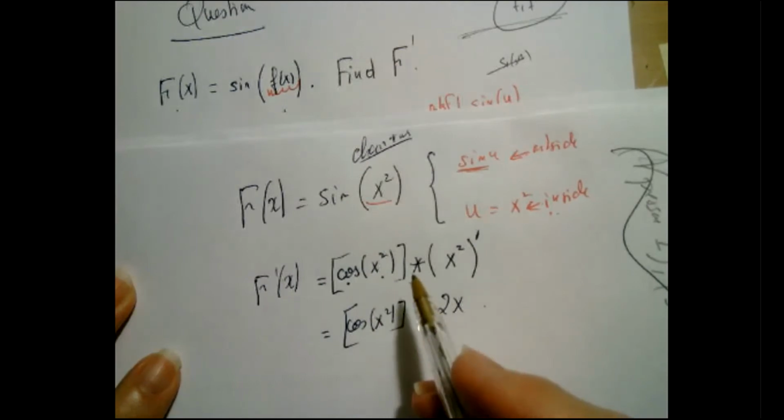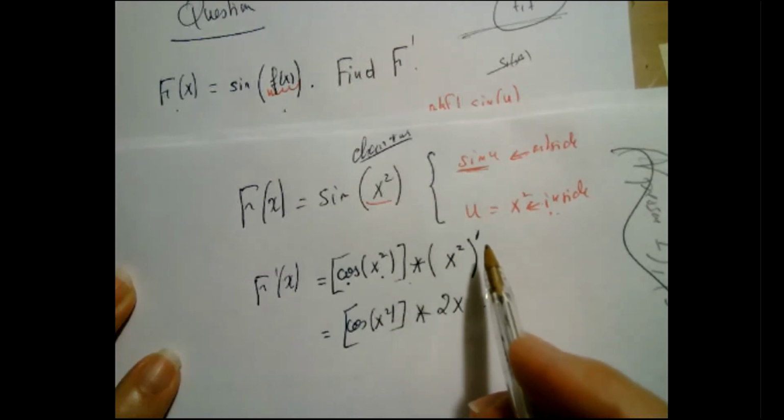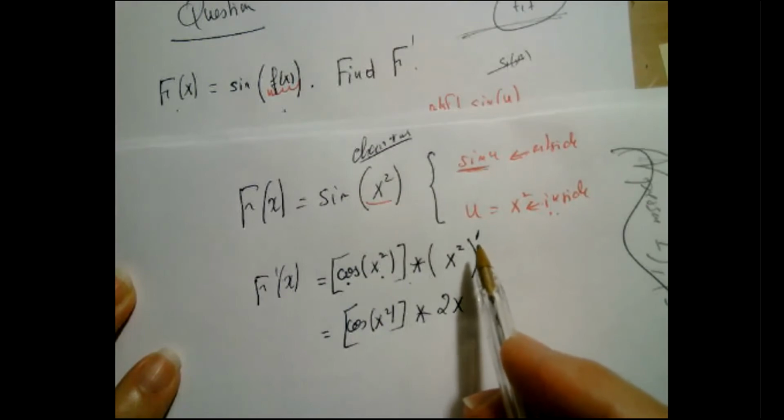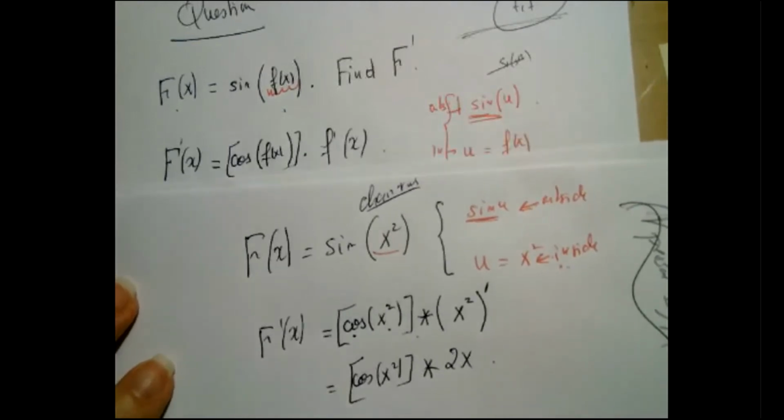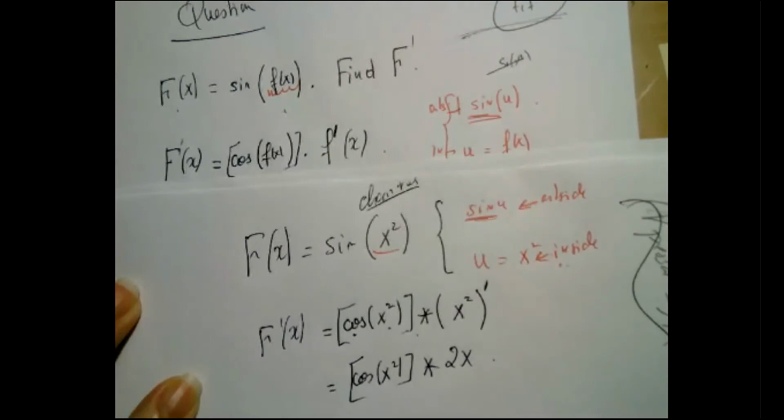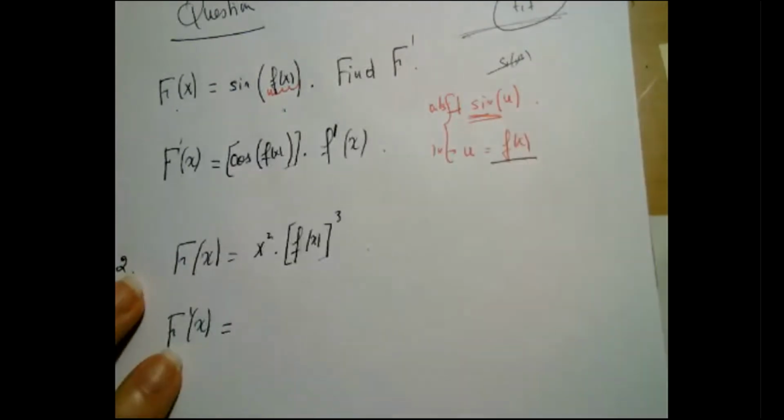The only difference is that you really can't fully make f of x into a derivative. So what did I do? You just put f prime of x. Exactly. Is this better? Yes, thank you very much. No problem. Now, all of you get going. Number 2.